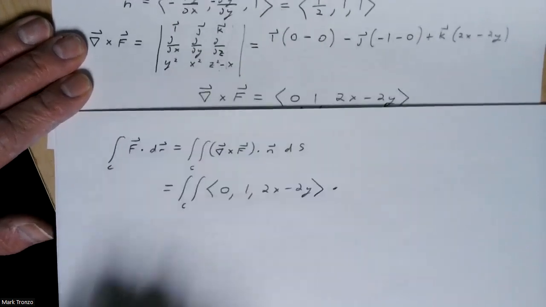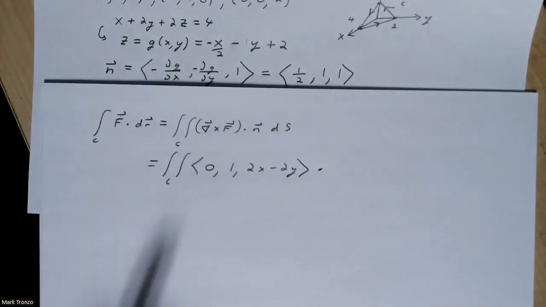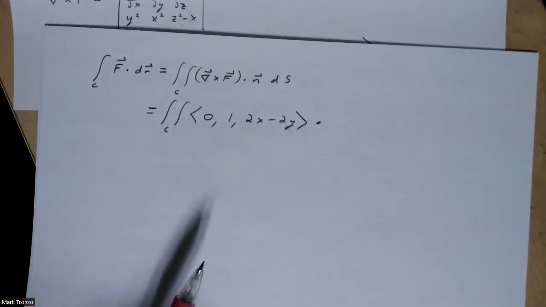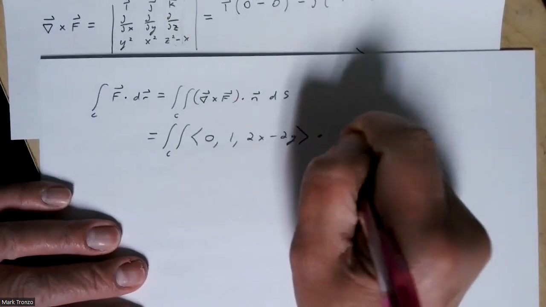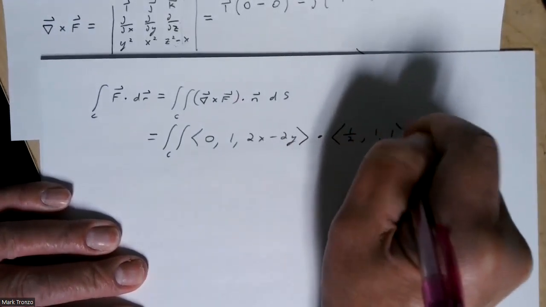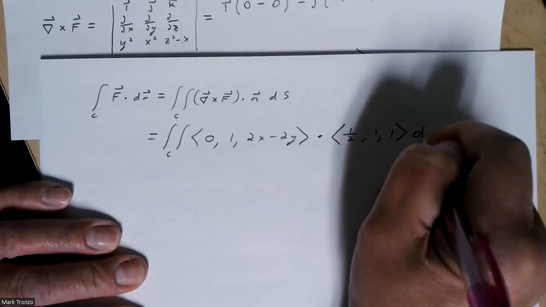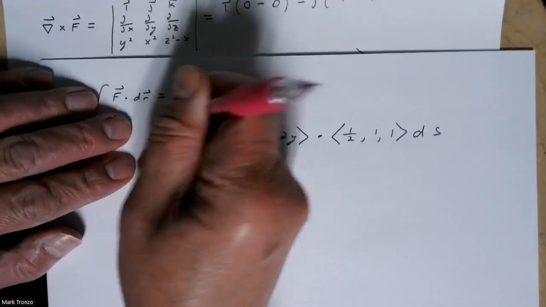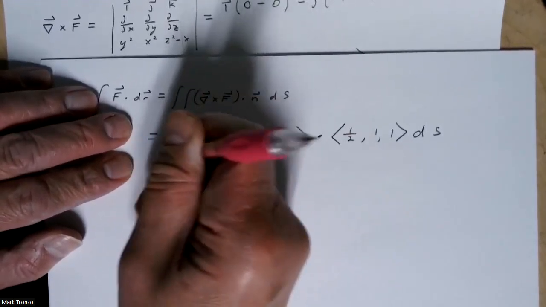And we're going to dot it with our n we had up here, 1/2, 1, 1. And by the way, this should be an S right here.